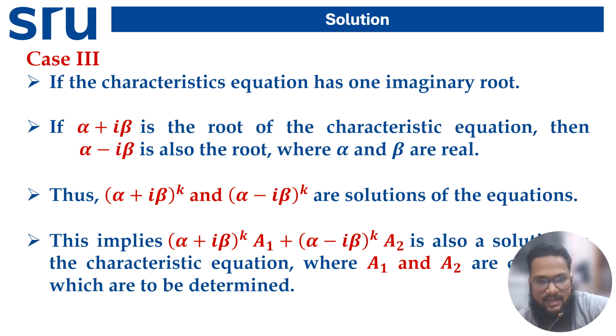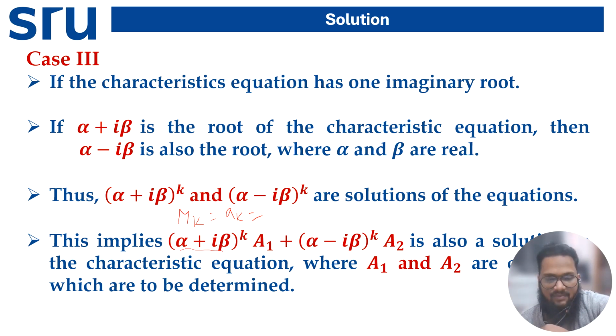Now the third case is that imaginary root, that means complex conjugate roots, not real. If the characteristic equation has not real roots, complex conjugate roots, alpha plus i beta and alpha minus i beta, where alpha and beta are real, you know that. In that case, the solution form will be this one. Please remember yk, or you can say ak, whatever your form is given.